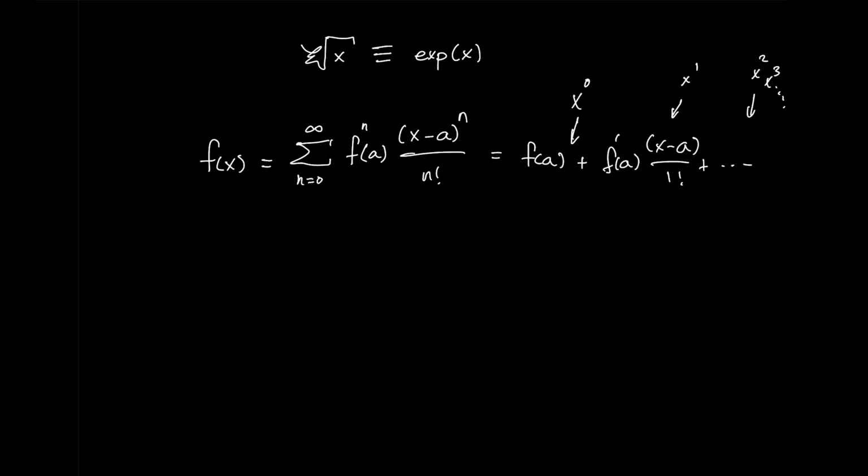But that's going to look like a_n x^n, where you have a sum from n equals 0 to infinity, such that a_n belongs to the real numbers for all n. The reason I write this is because a_n is just some constant, whereas f of a, f prime of a multiplied by negative a, and the 1 factorial, you do all the mess and the manipulation, but you're really just going to have a power series, a_n x^n.